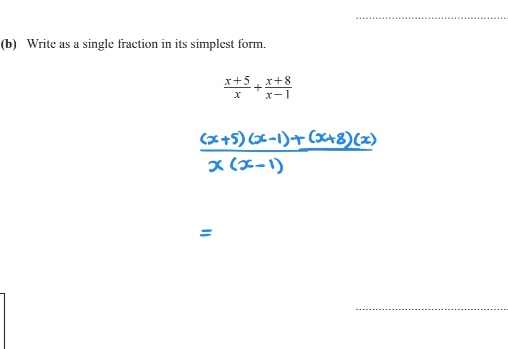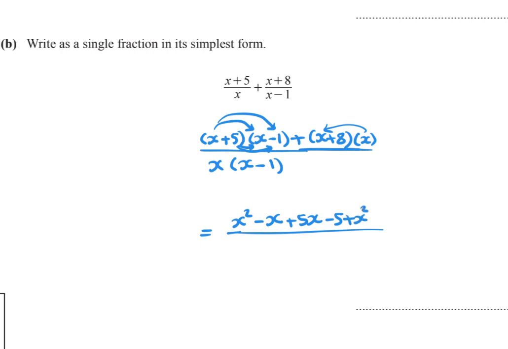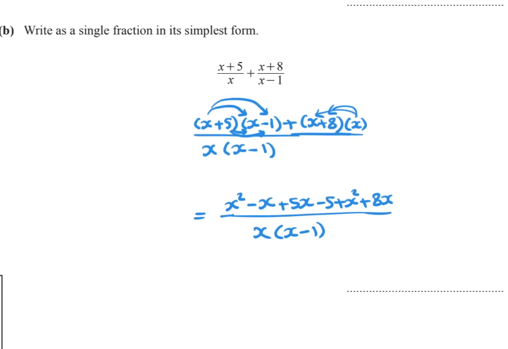Now simplify the numerator: x times x, x squared, and x times negative 1, negative x. 5 times x is 5x, and 5 times negative 1, negative 5. x times x equals x squared, and x times 8 is 8x, over x times x minus 1. You don't need to expand the denominator, so the denominator is the same, x times x minus 1.